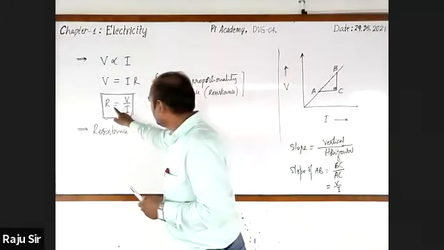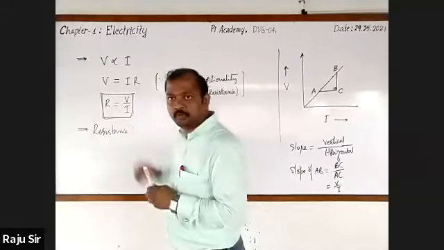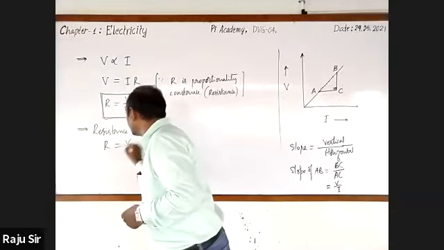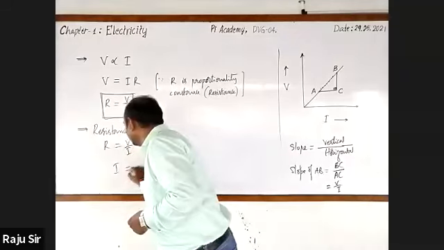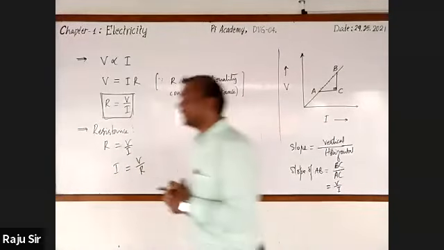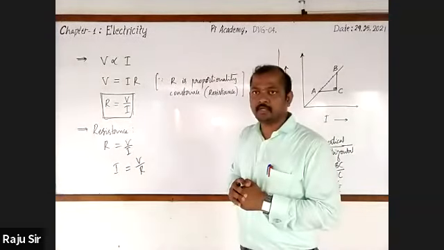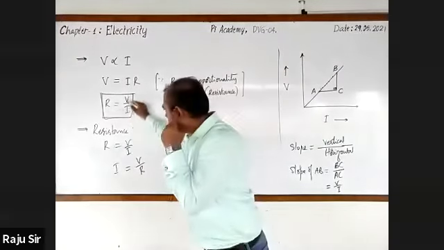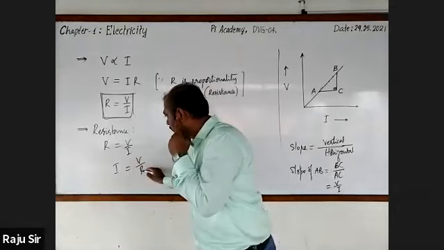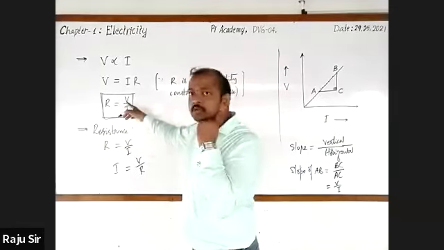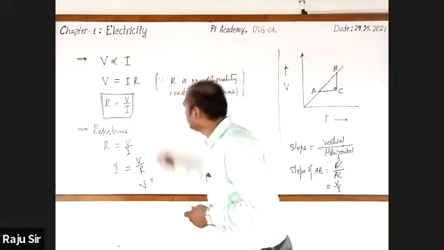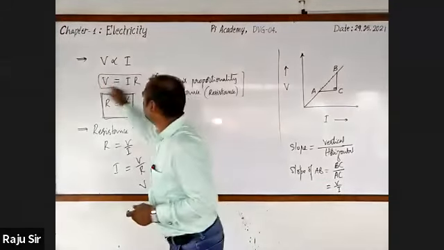Using R is equal to V by I, I can solve for I. I is equal to V by R, right? And you can also solve for V. V is equal to I into R, that we have already got.